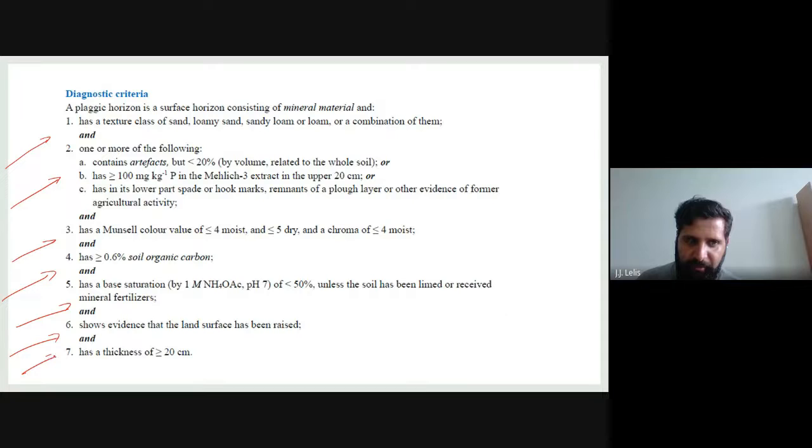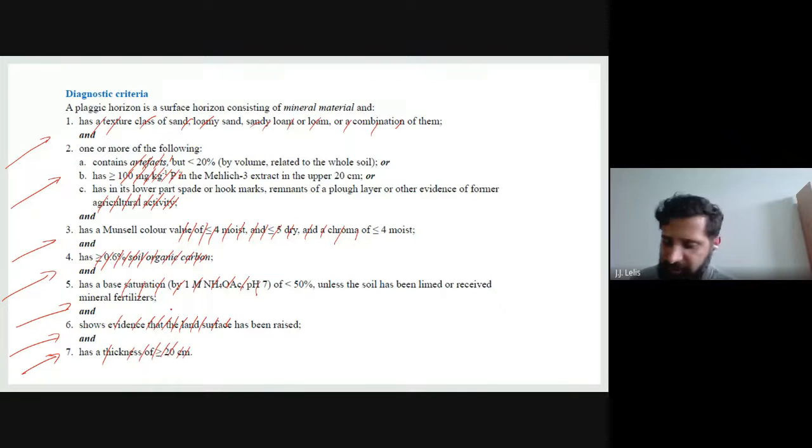We have a texture with a lot of sand, artifacts, a high phosphorus content, or any evidence of agriculture activity, low values and chroma, at least 0.6% of soil organic carbon, a low base saturation, evidence of raised land surface, and a thickness of at least 20 centimeters.